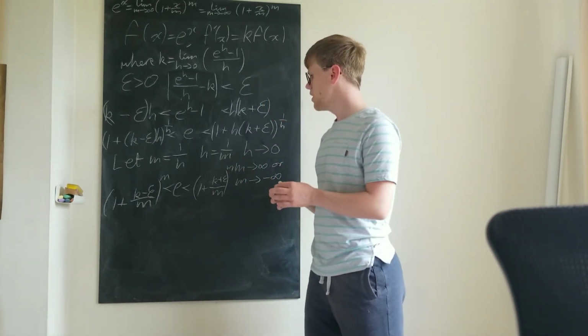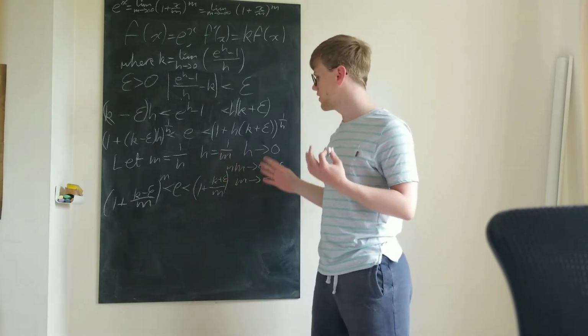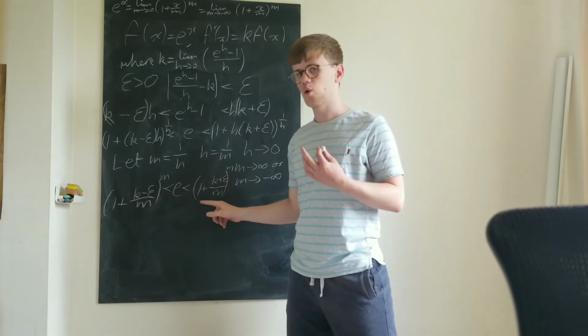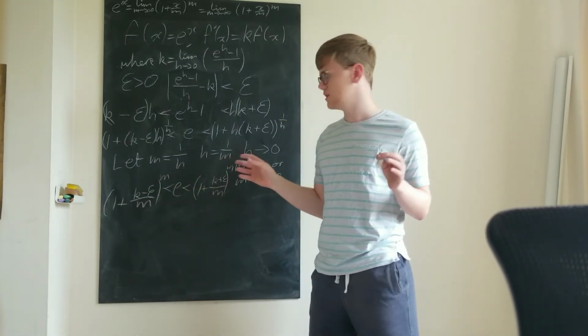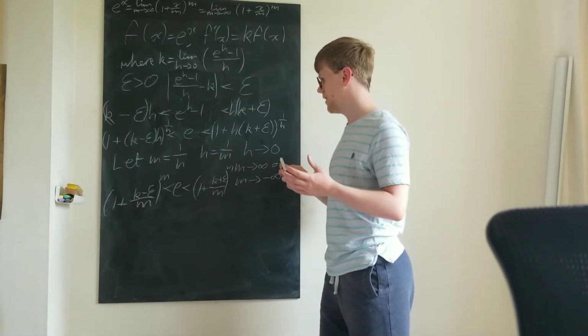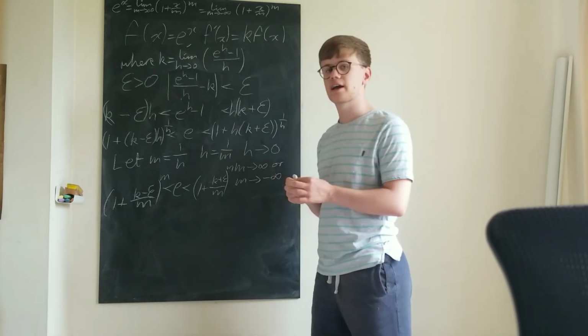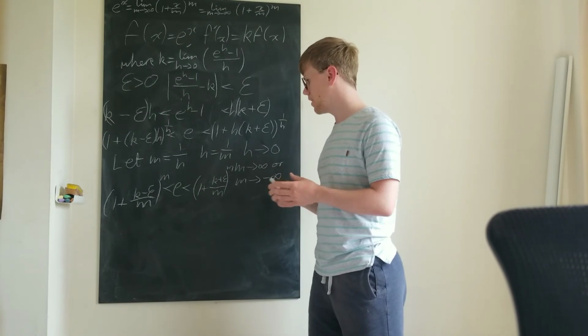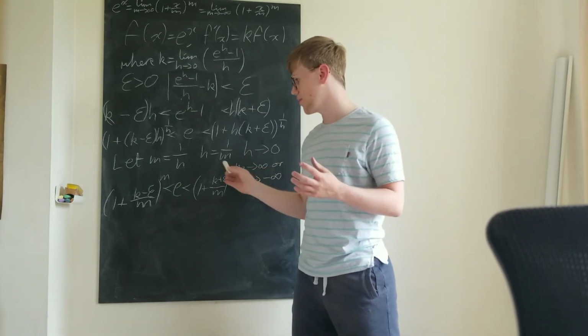And so for any epsilon greater than 0, I can always choose a large enough m such that this inequality is true. And that's as m approaches positive or negative infinity. And in that case, I can let m approach infinity. And then for any epsilon greater than 0, it will always be true.